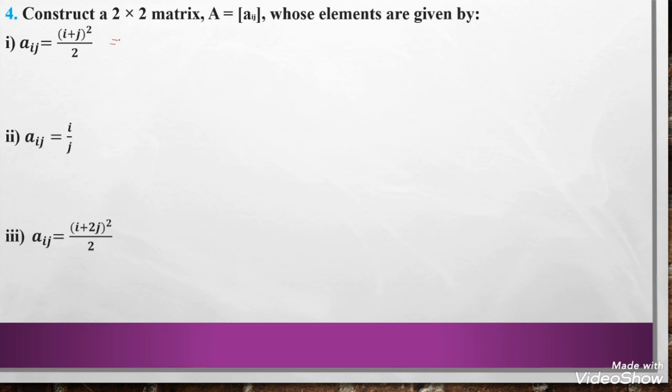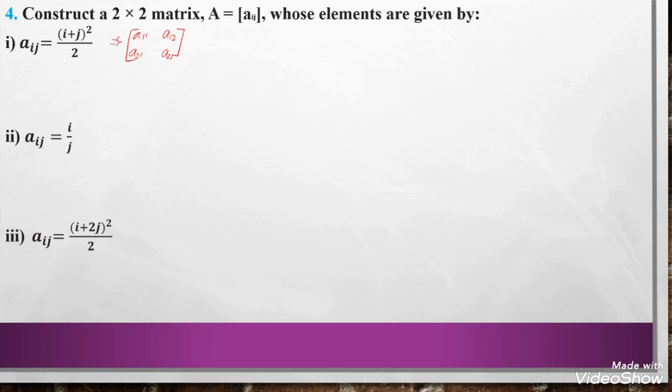Generally the elements are taken as A11, A12 and A21, A22. A11 represents first row, first column, A12 first row, second column. Now move on to the second row: second row, first column, and second row, second column.